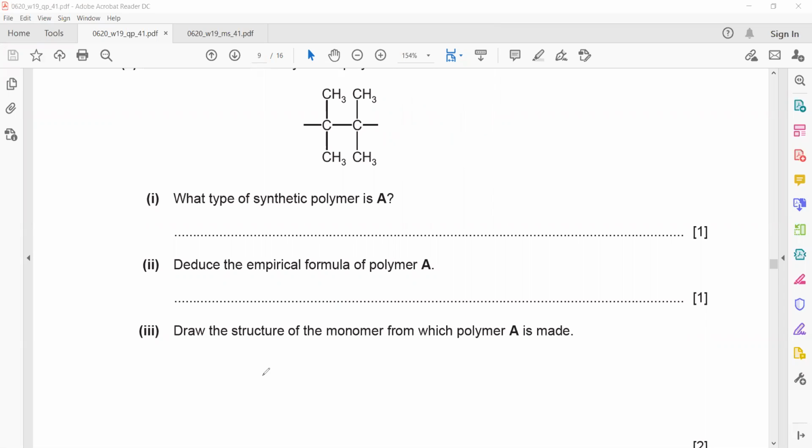And the monomer should have a double bond between the carbon atoms. So this will be CH3, CH3, CH3, CH3. Is it clear? So what we did, we just took one part, the two carbon atoms, removed it from the structure and made a double bond between them.